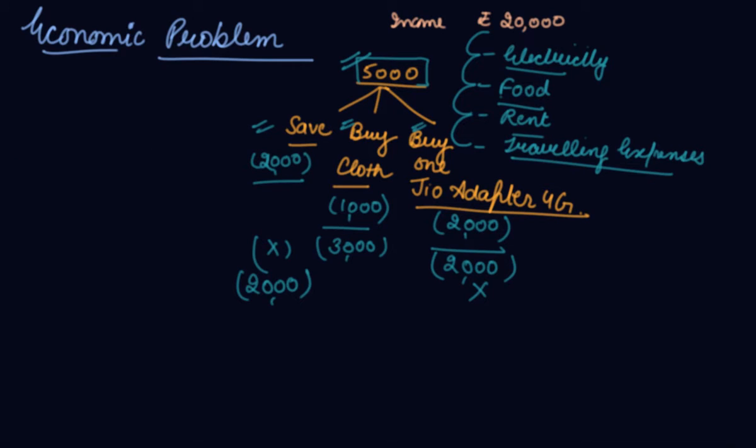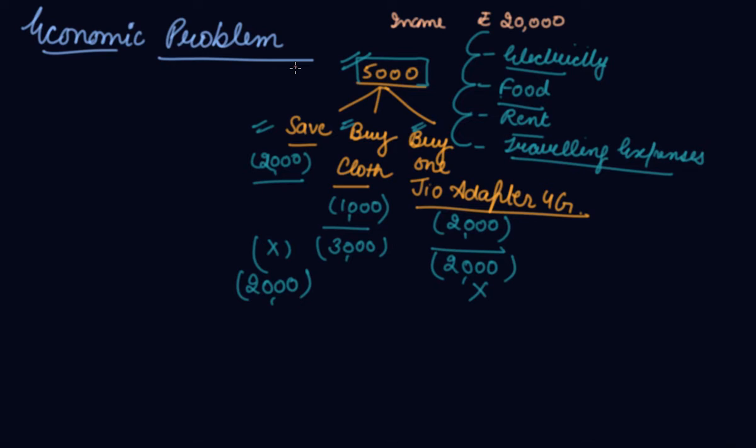So economic problem is essentially the problem of which alternative to choose amongst the available economic alternatives. And this was on your part. This is the same with the producer, the same with you as a consumer. This is the economic problem faced by everyone.